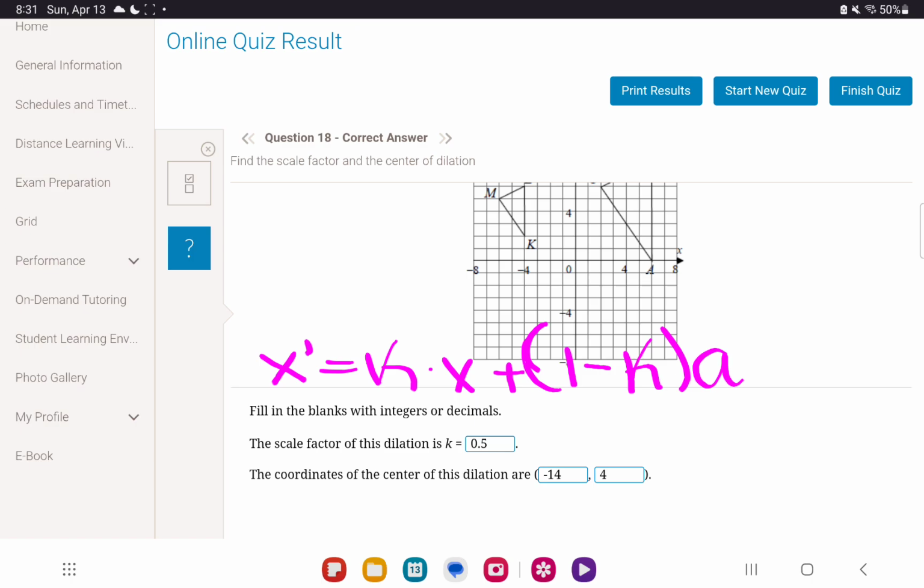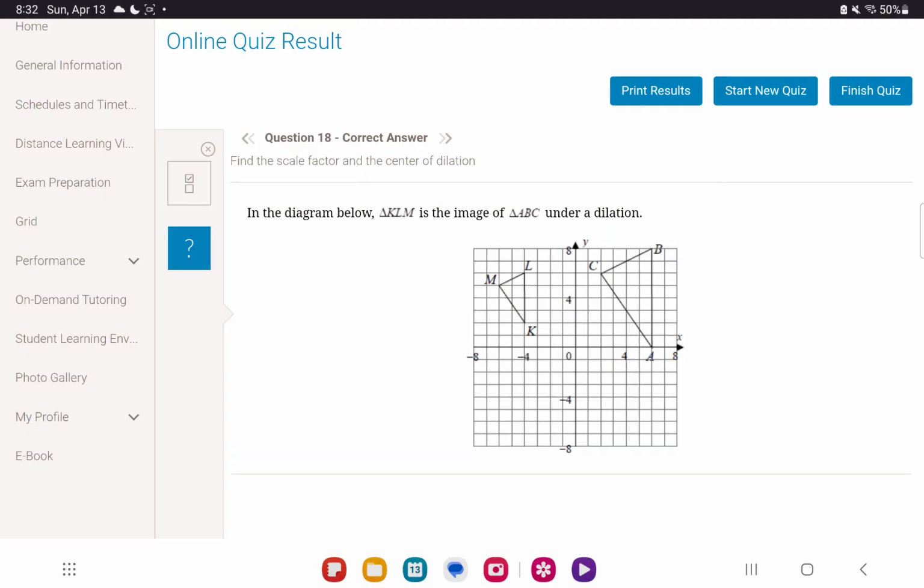We have x and we need to find our y. Actually, what we're looking for is the a and the b, not the x prime and the y prime, because our x y and our y prime is the image and the A B. Okay, for example, let me show you what I mean.